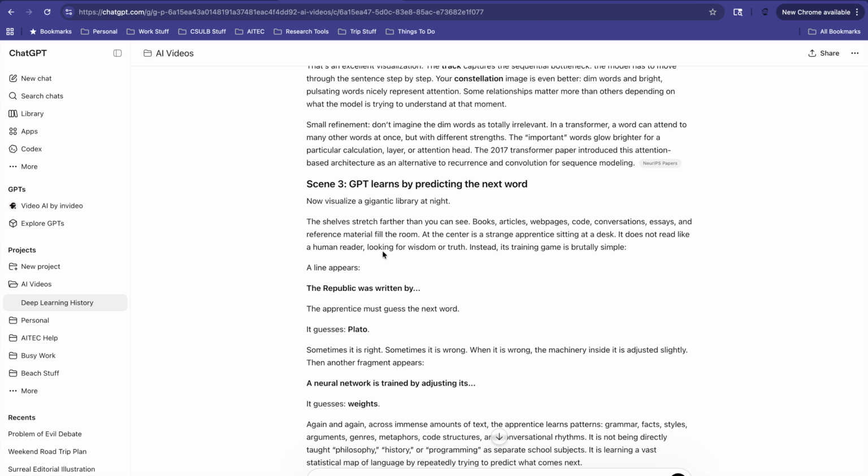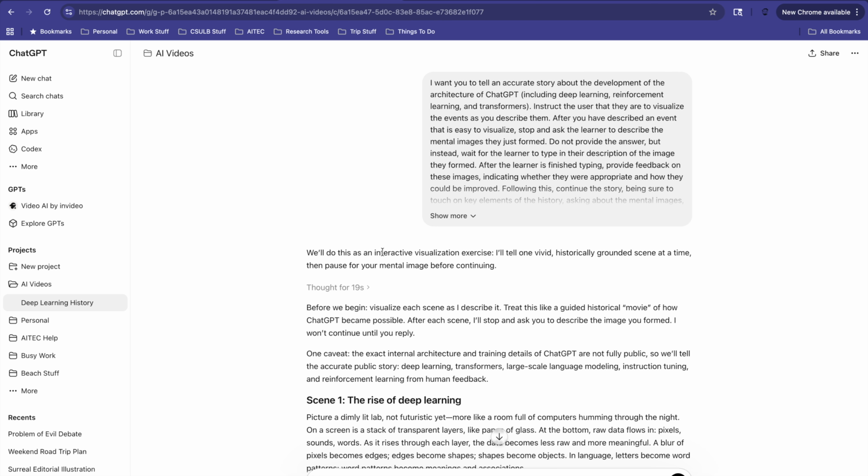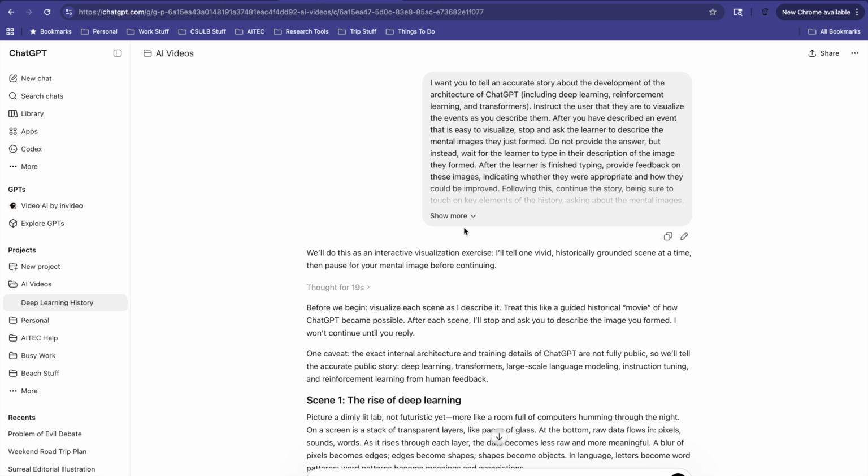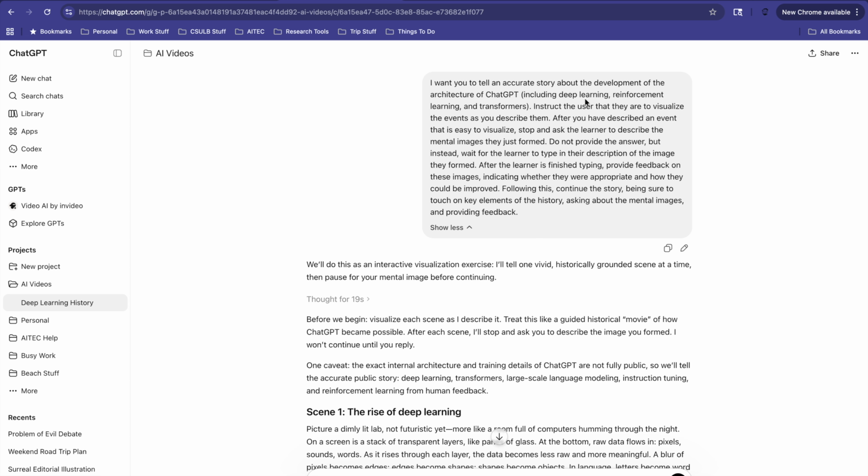Let's look real quick at what happened when I tried this out. I, of course, am learning about AI. And so I put in here, I want you to tell an accurate story about the development of the architecture of ChatGPT. And I had to make sure to include deep learning, reinforcement learning, and transformers.